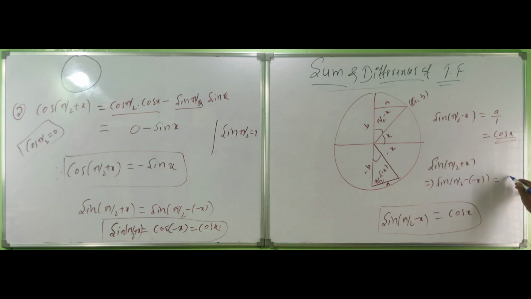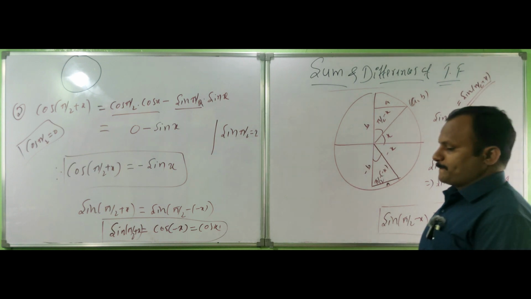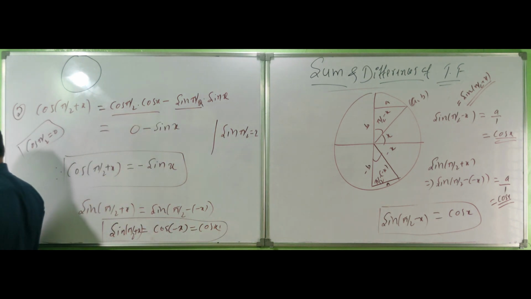Opposite is A by 1. So this gives cos of x. Similarly, sin of pi by 2 minus x and sin of pi by 2 plus x, both give the same value, cos x and cos x.